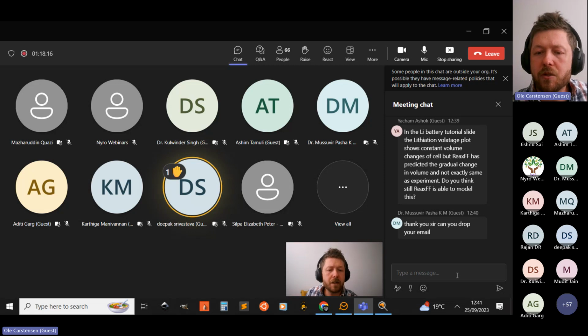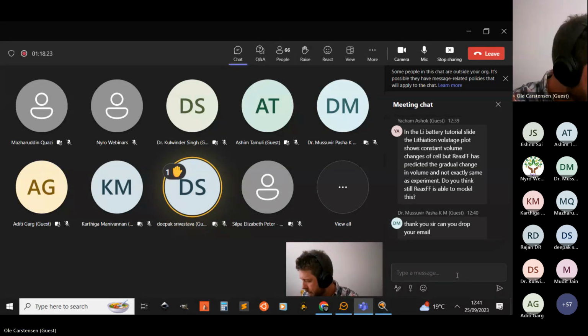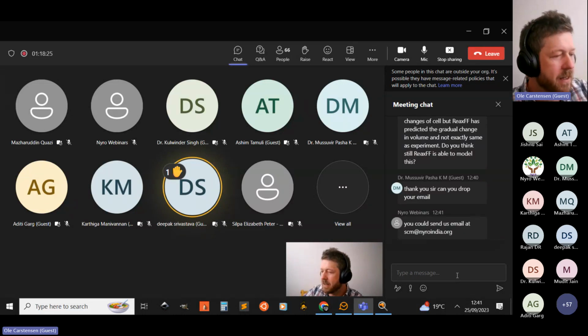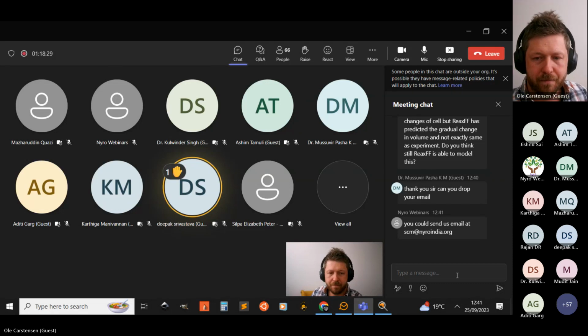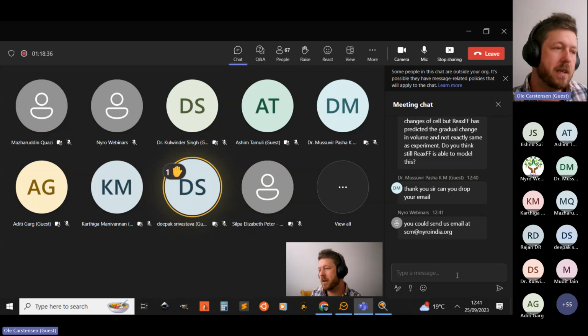ReaxFF has predicted the gradual change in volume, and not exactly the same as the experiment. Do you think still? You mean the final volume is not the same as in the model? Yeah, you could probably run this for longer. It depends on many different settings. I'm also not sure where this experimental volume change comes from. If you really look into this, you could probably get it more accurate.